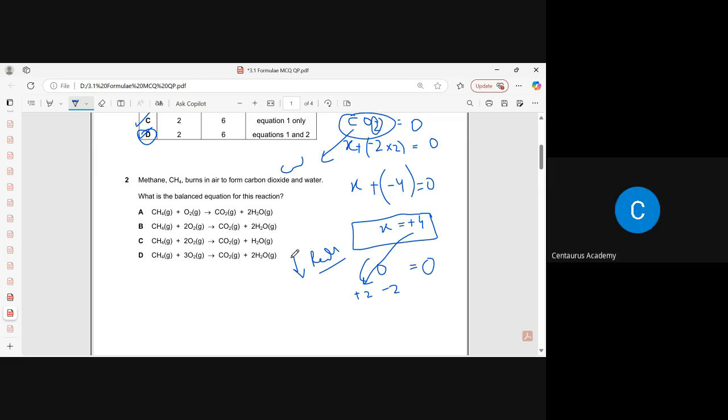Yes. Okay. When you look at the next one, the carbon element. Whenever any substance is in its elemental state, not yet combined with any other element, we say its oxidation number is 0.